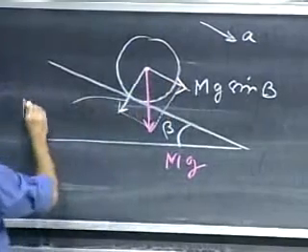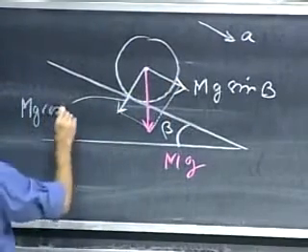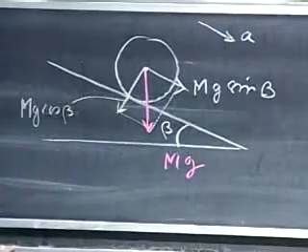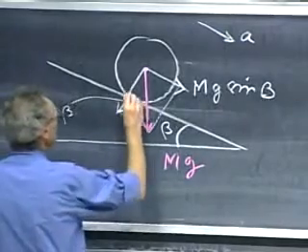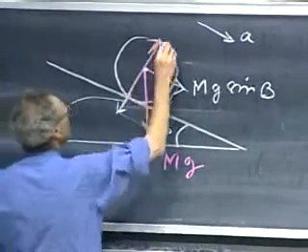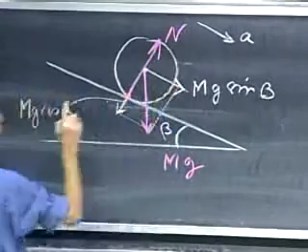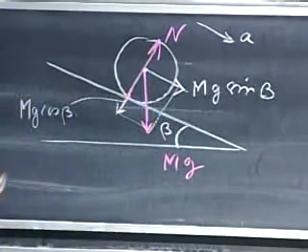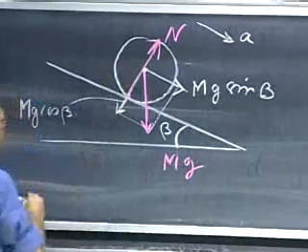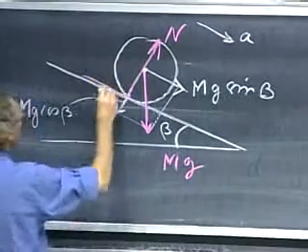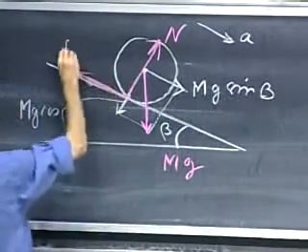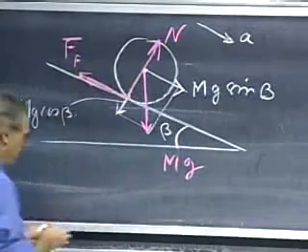And this one equals mg cosine beta. Then there is right here a normal force, and the magnitude of that normal force is mg cosine beta. So there is no acceleration in this direction. And then we have a frictional force here, for which I will write F_f.